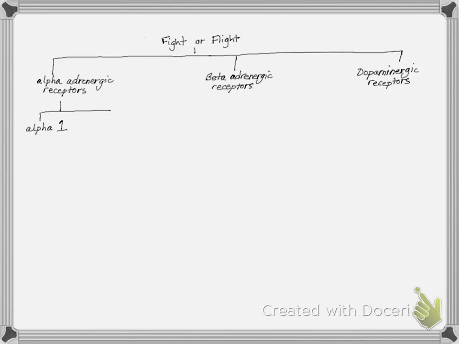Your alpha 1 causes vasoconstriction, causes dilation of your pupils, and stimulates the central nervous system.